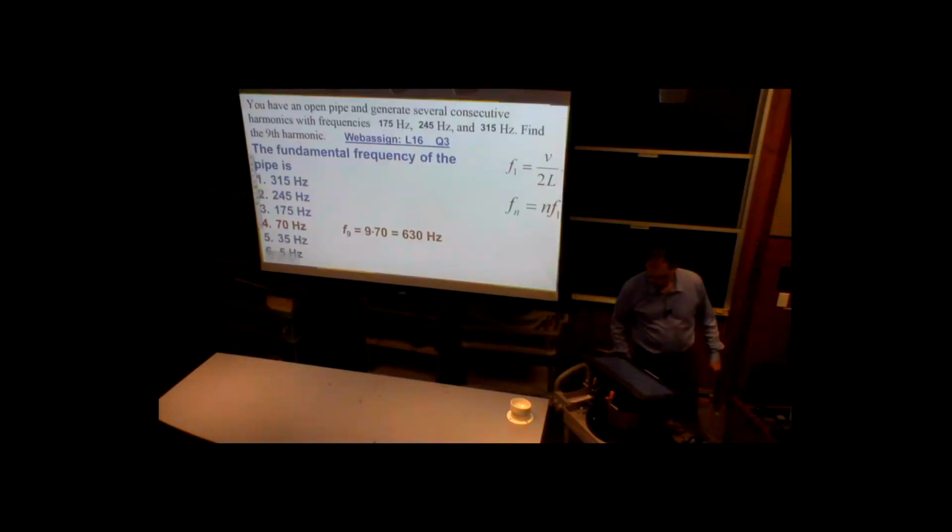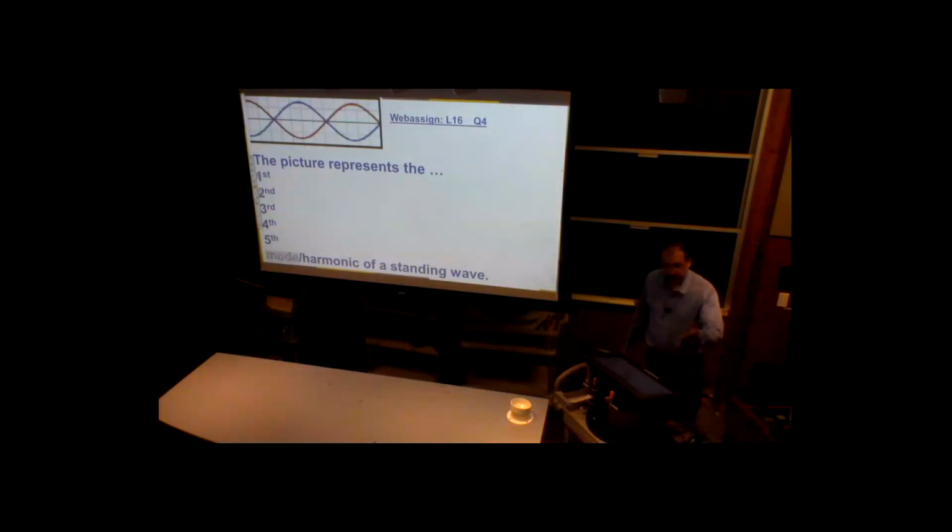So for this picture, what should you say? What did you say? Let's count. We know that the distance from a node to an antinode is equal to 1/4 of a wavelength. This is a standard, generic profile of any standing wave. It should be a little bit more beautiful, more symmetric, but still.